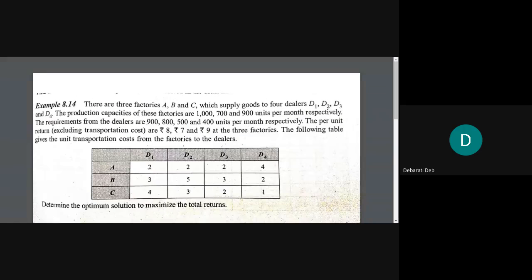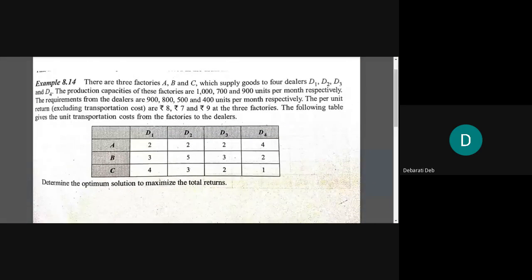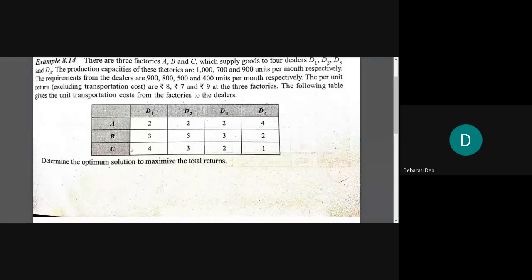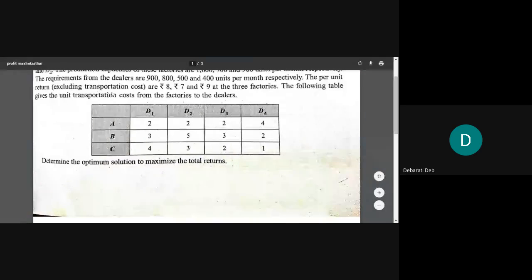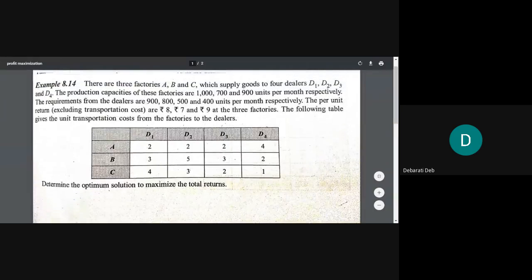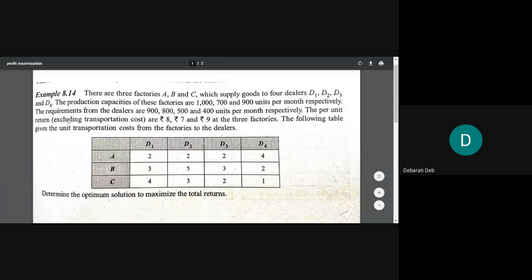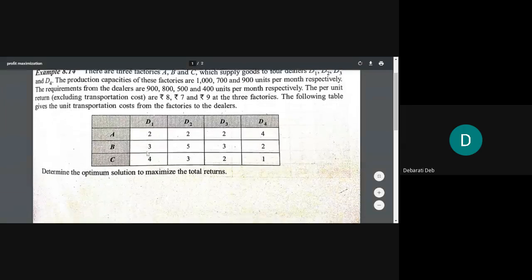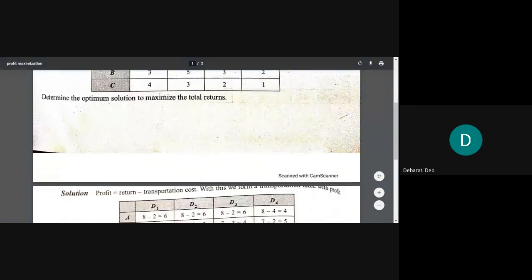All right, so actually this should have been including, because you see in the problem they have written in brackets, no? Can you see the bracket term, excluding transportation cost? So that means they are the profit. Okay, they are the profit at the three factories. All right. Okay, overall profit. That means.